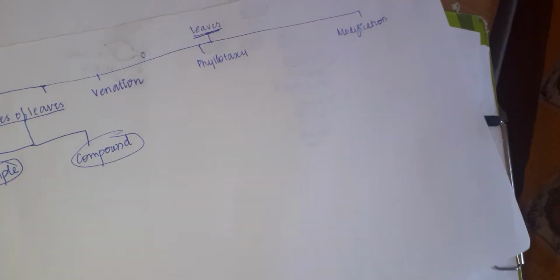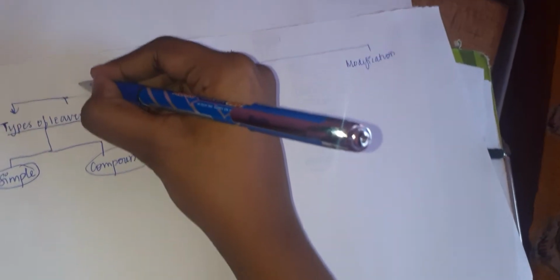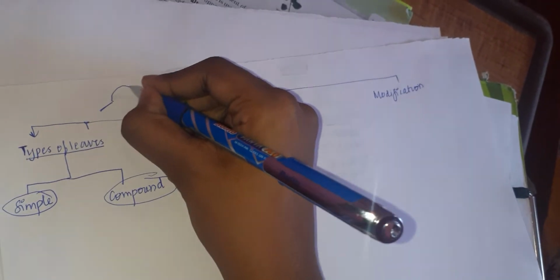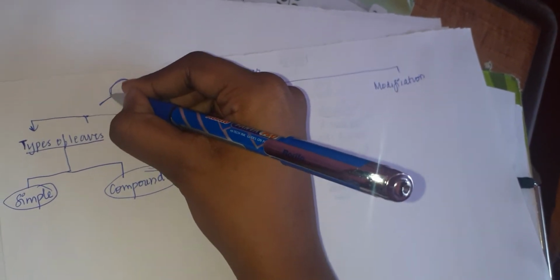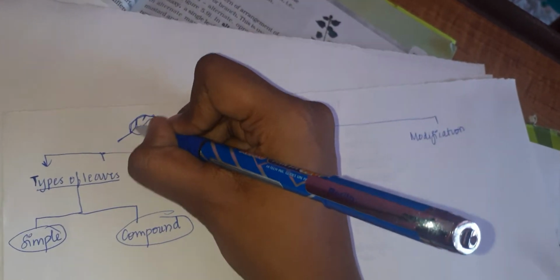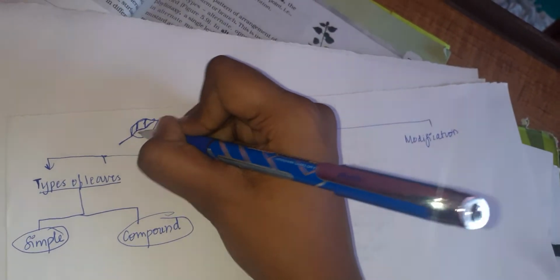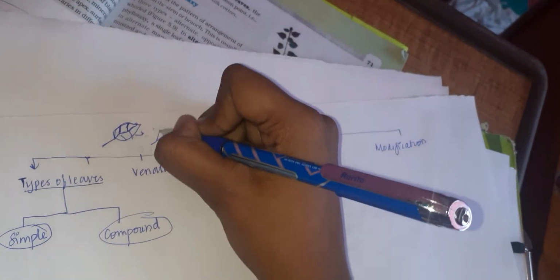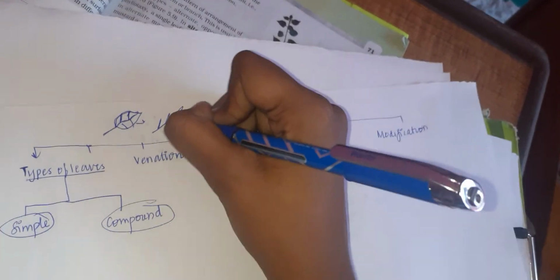So what makes a leaf simple? What makes a leaf compound? The first thing you have to know is, draw a leaf here. If the incisions, the cuttings, go deep to the midrib and transform into the type of leaves that you see in neem, this is called a compound leaf.